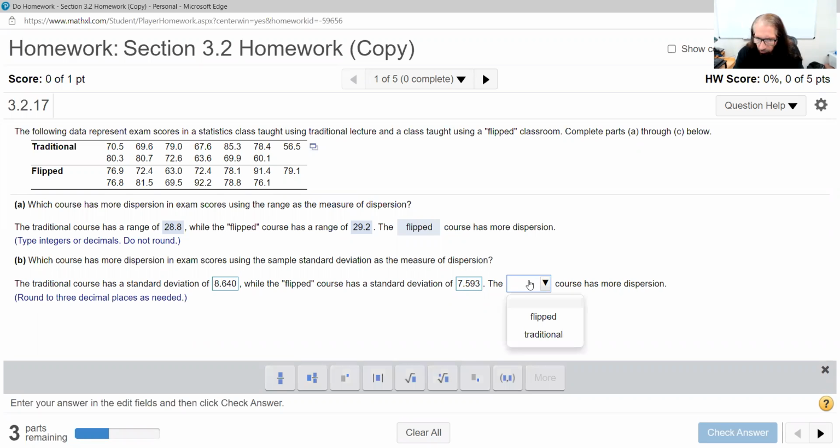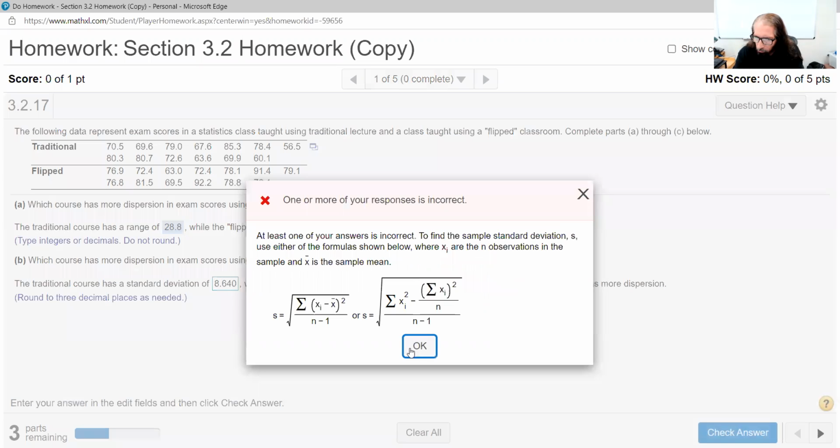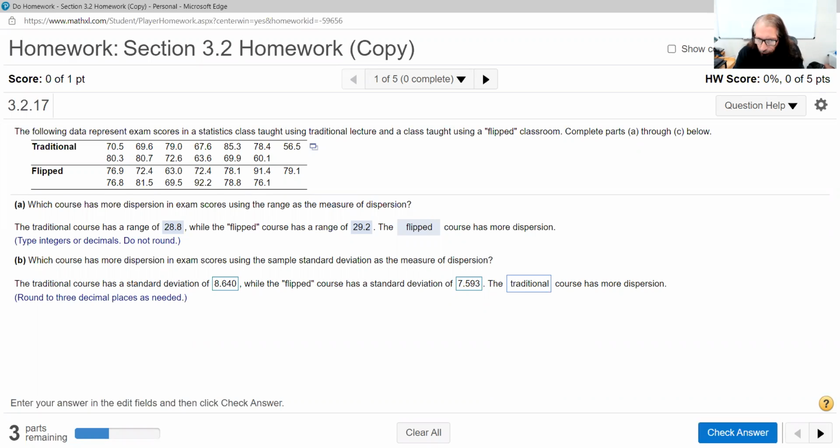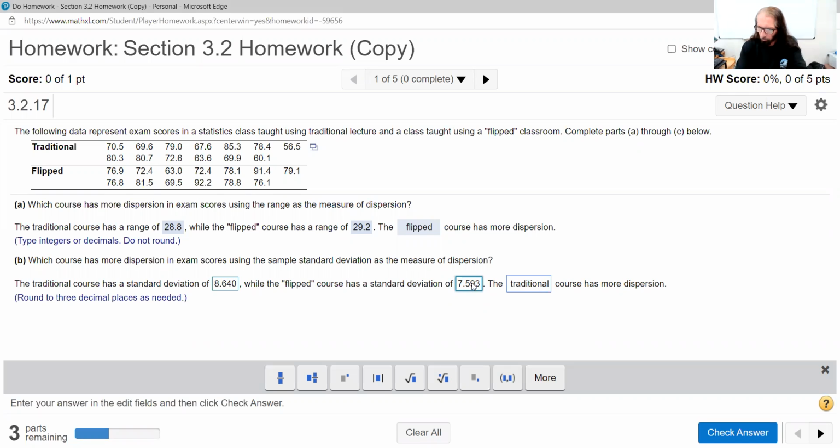According to this measure of dispersion, the traditional class has more dispersion. Typo. 953. I reversed those.